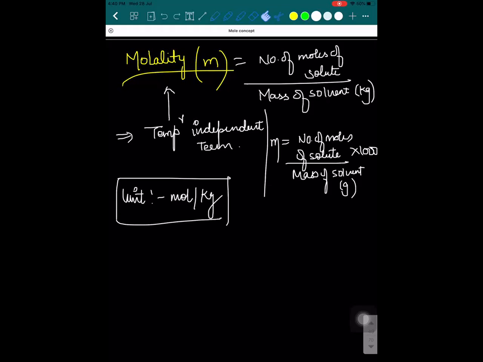The next concentration term you are having, before that write down one note. Note is what? Please apply your mind. If I want to convert a W by W term into a W by V term, what do we need?